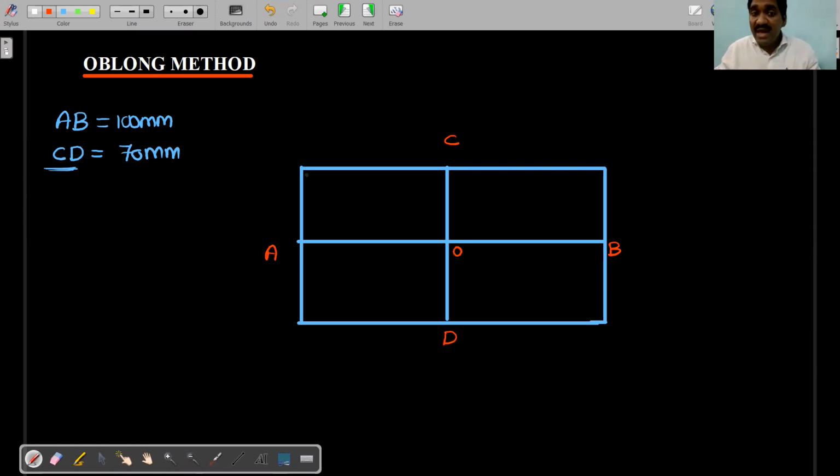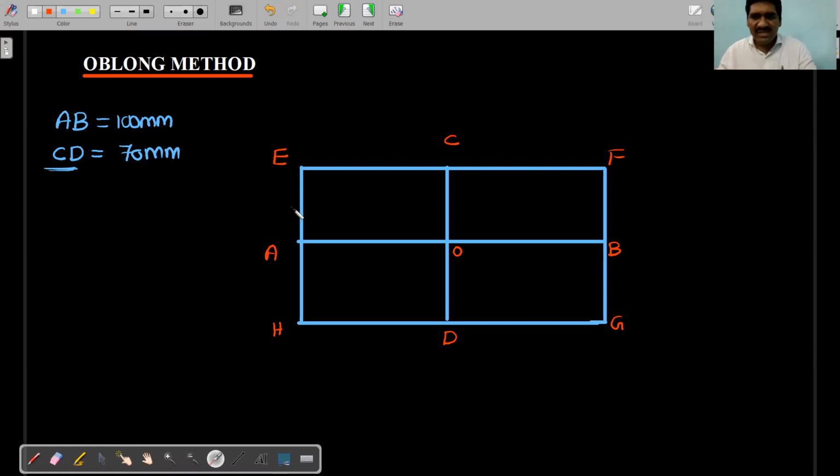Now listen carefully. I'm just marking the points here also. Let there be some point E, then F. Next thing is G, and this one is H. Now listen carefully. We have to construct an ellipse in this rectangle. The first step is what? We have to divide AO and AE.